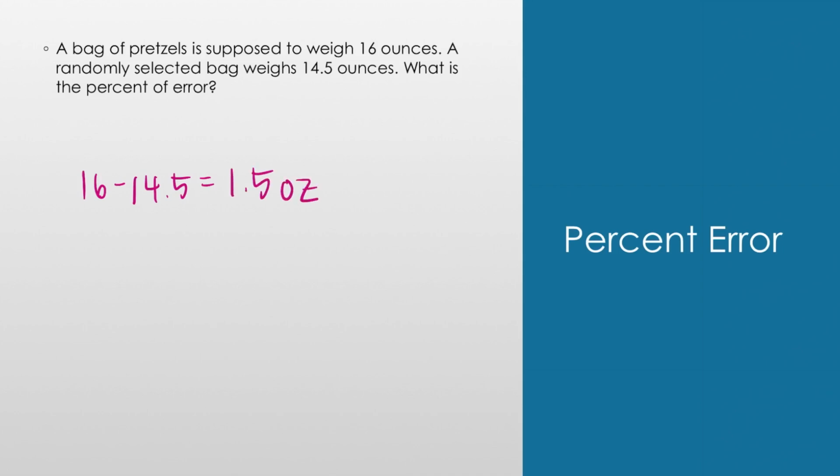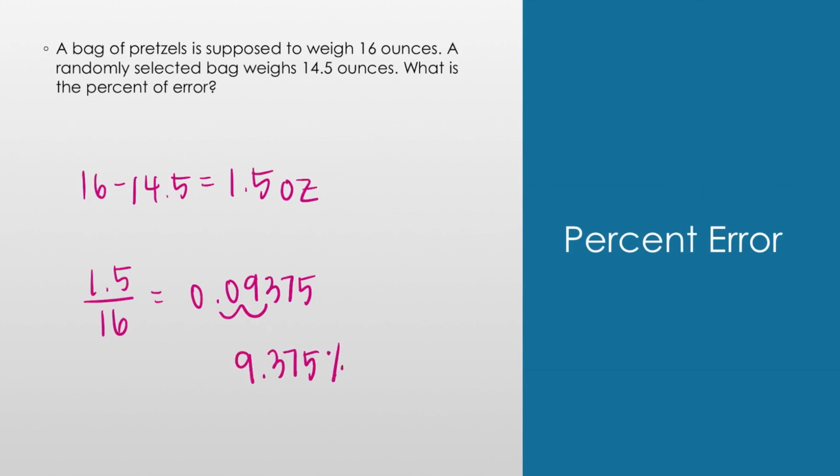And now we want to find the percent of how much that is of the total. So I would just do 1.5 divided by 16, and that would give me 0.09375. That's the decimal. And then to make the percentage, we would go in reverse. So 1, 2. So it would be 9.375% error.